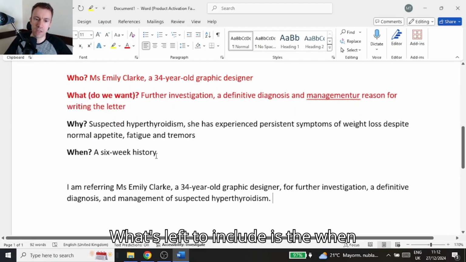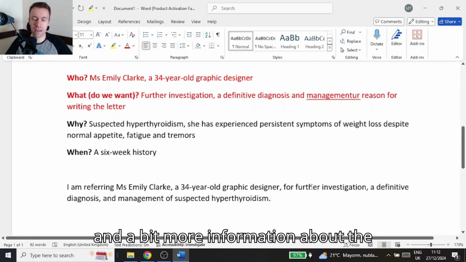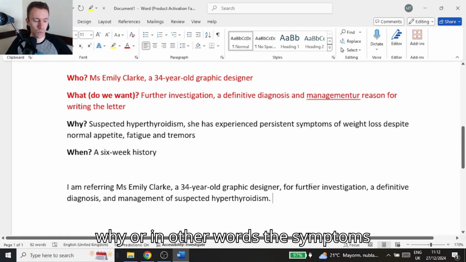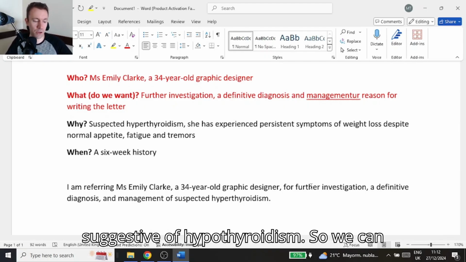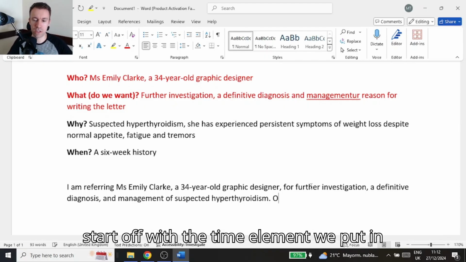What's left to include is the when and a bit more information about the why, or in other words, the symptoms that she's been experiencing which are suggestive of hyperthyroidism. So we can start off with the time element.